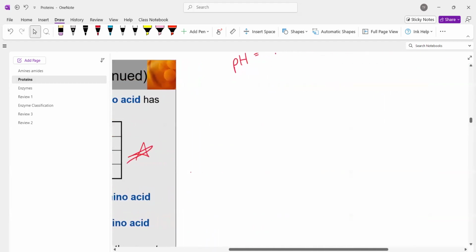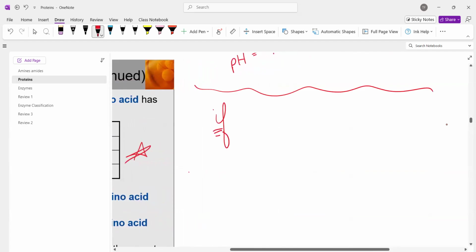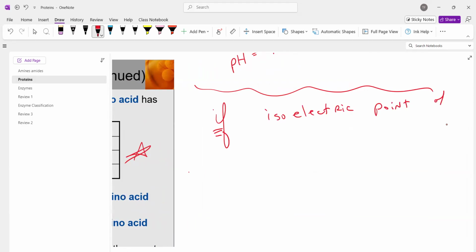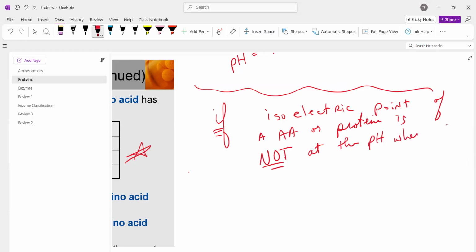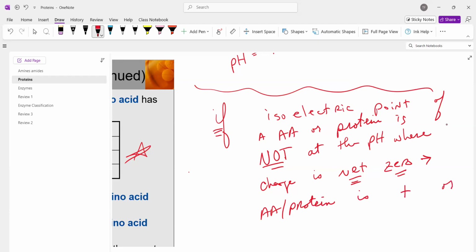If the isoelectric point of an amino acid or protein is not at the pH where the net charge is 0, then the amino acid or protein is positive or negative.